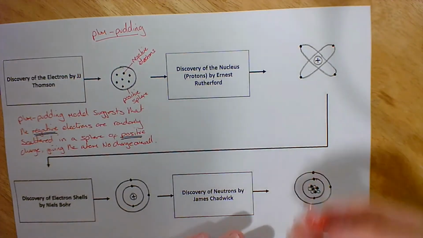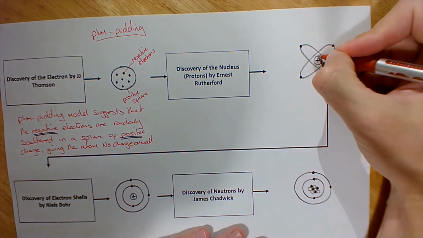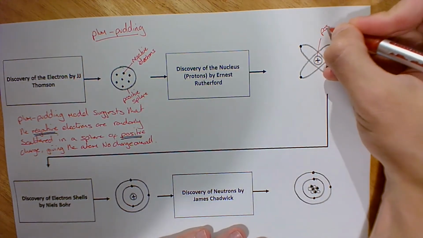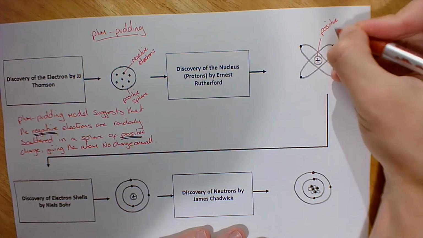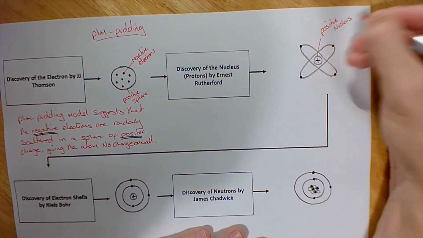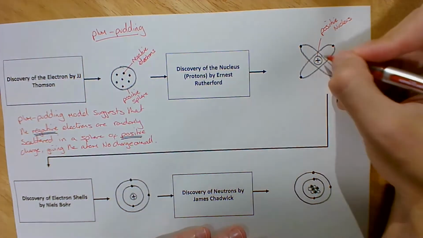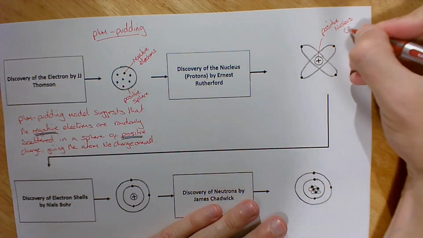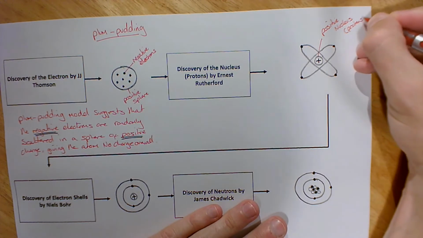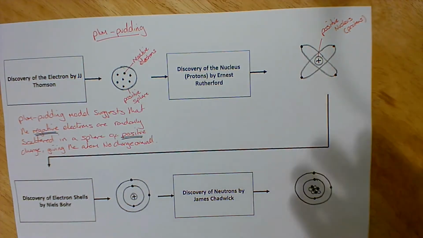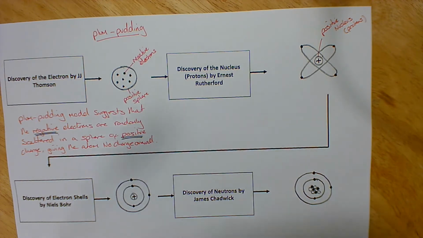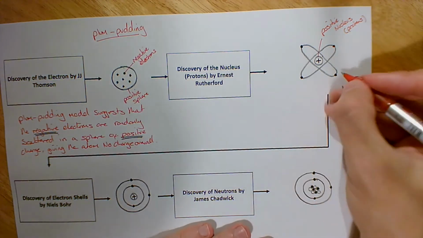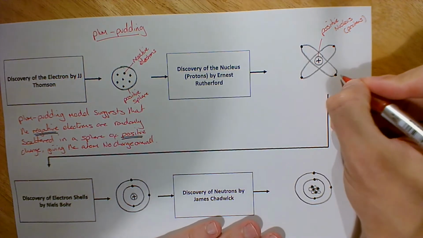So if we look at the model, we have our positive nucleus. Now, what's in the nucleus that was positive is the protons. They didn't know that initially, but they did eventually name the subatomic particle that was in that nucleus as the proton. We still have our negatively charged electrons.